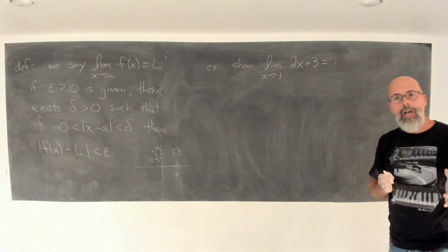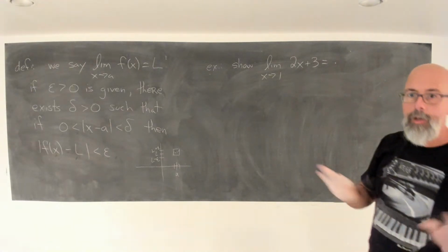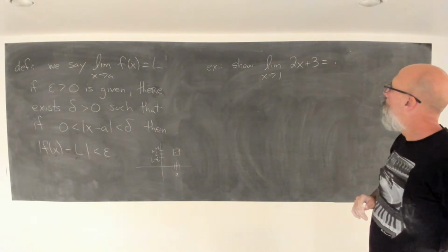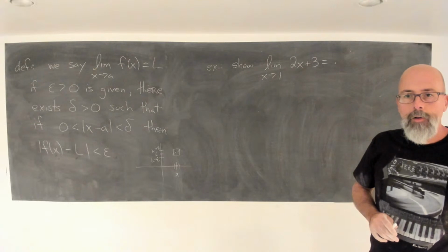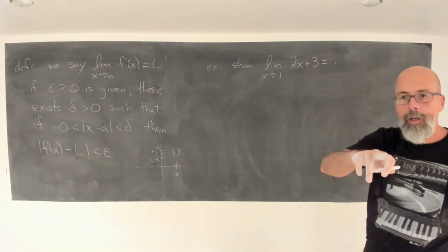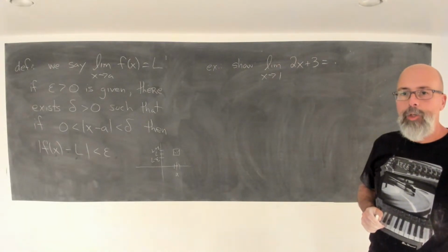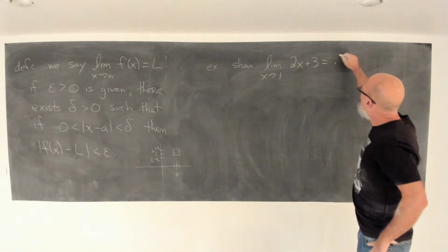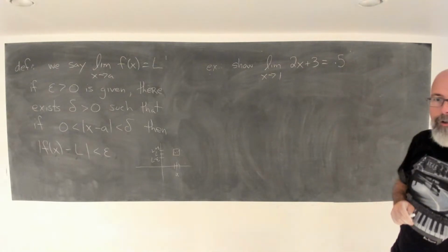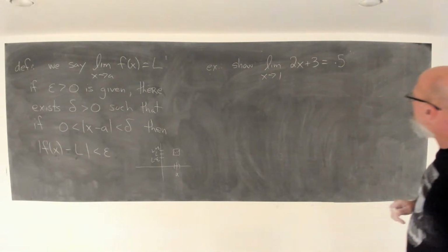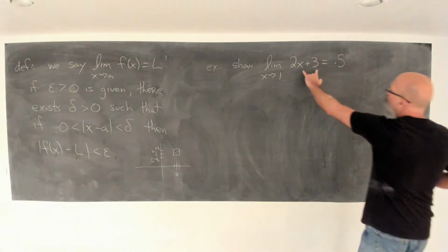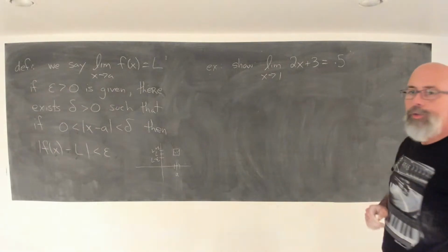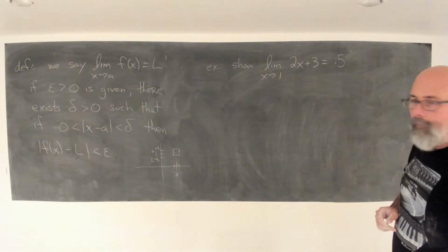Well, first of all, what is that limit? You know what that limit is. There's no ambiguity, right? This limit should be from the work you've been doing. Everyone? Should be 5, thank you. Right, it's just a polynomial, we can plug in, we get 5. Now let's show it using the real definition.